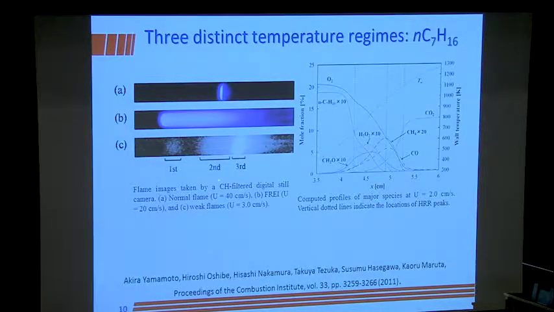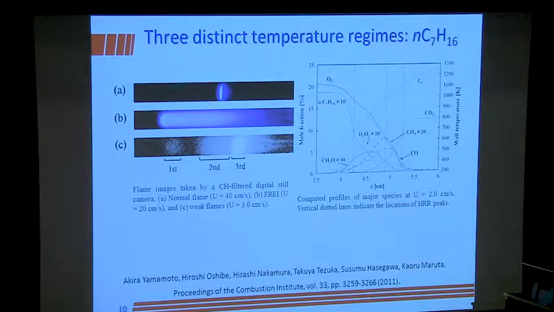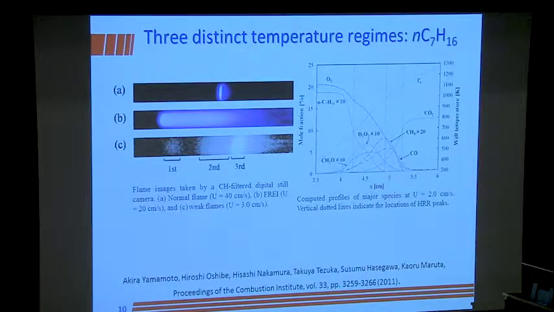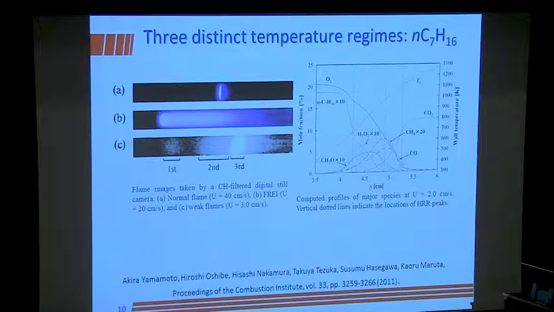And they looked at light emission, and they see three distinct light emissions from reactivity. And so there are three distinct regimes of reactivity observed. So fairly low light emission, not very intense, not very intense, and very intense at high temperature.